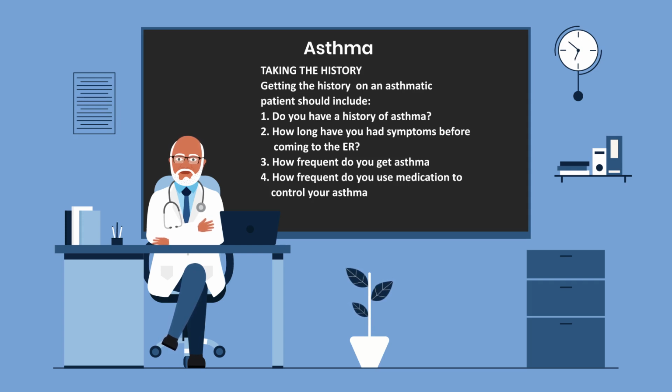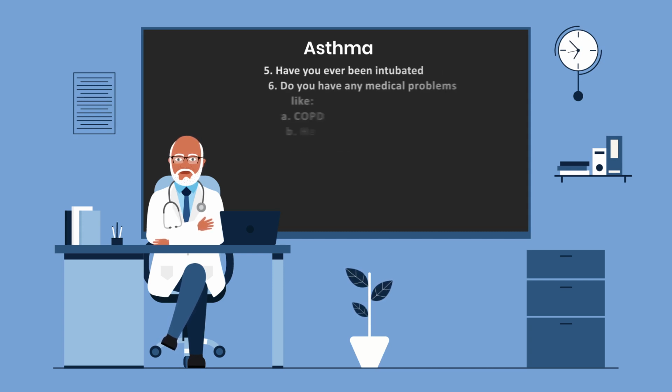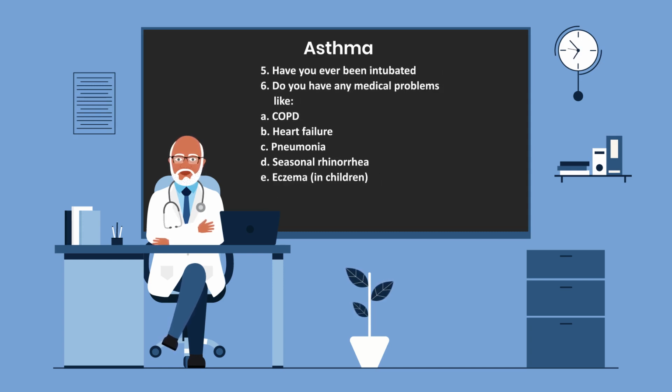Number 4, how frequent do you use medication to control your asthma? Number 5, have you ever been intubated? Number 6, do you have any medical problems like COPD, heart failure, pneumonia, seasonal rhinorrhea, and eczema, especially in children?